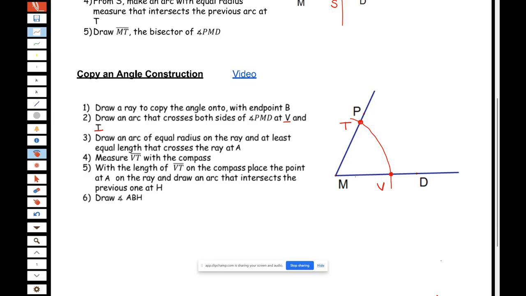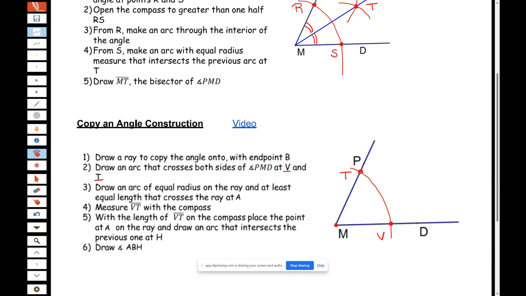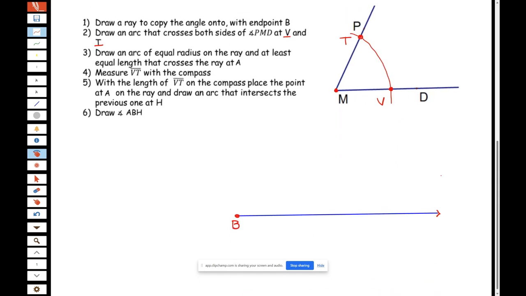So V's distance to the center or vertex of the angle is the same as T's distance because they were made with the same arc, or the same compass opening. Now what we're going to do down here is make that same arc with that same compass opening. Whatever radius we used on our compass to make this arc, we're going to make another arc with the same radius down here.